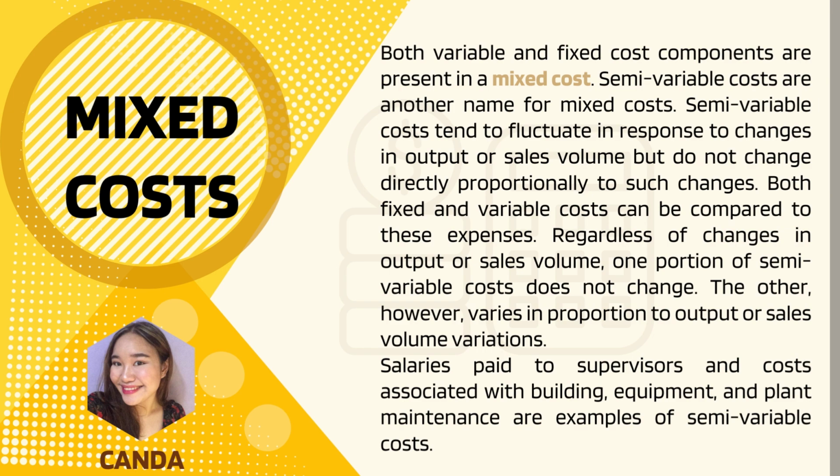Regardless of changes in output or sales volume, one portion of semi-variable cost does not change. The other, however, varies in proportion to output or sales volume variations. Salaries paid to supervisors and costs associated with building, equipment, and plant maintenance are examples of mixed costs.